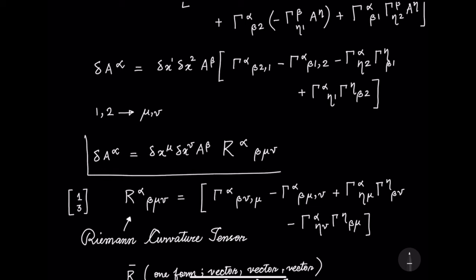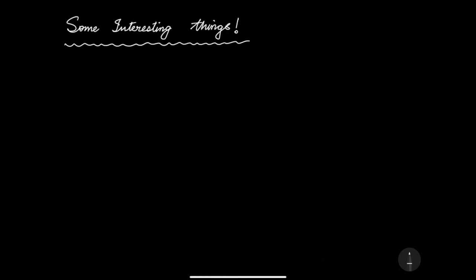So this is the expression which told us how the components of the vector change in a closed loop curve. And if all the components of the Riemann tensor are 0, then the components of the vector will not change. On the other hand, if at least one component is non-zero, then the components will change. You'll see that it is not possible to have at least one component non-zero, but that's a different issue. The Riemann curvature tensor tells you, if you go around in a manifold in closed loops in different ways, how the components of the vector change.